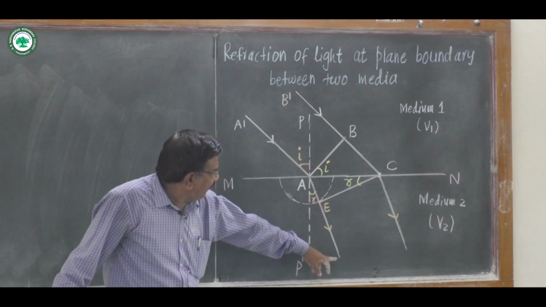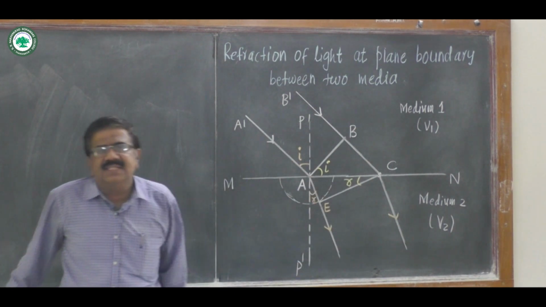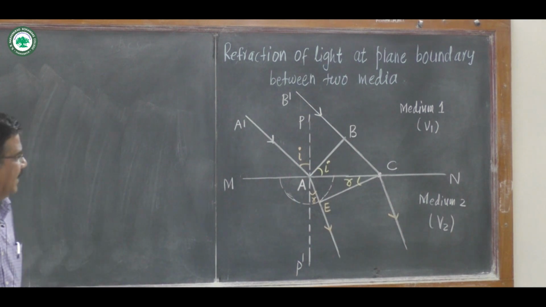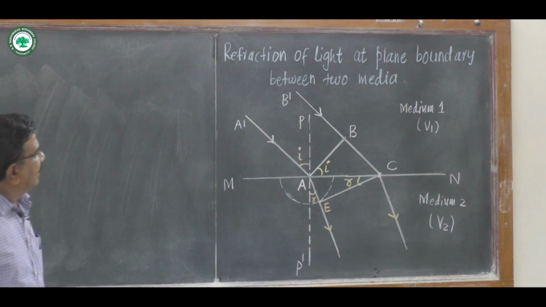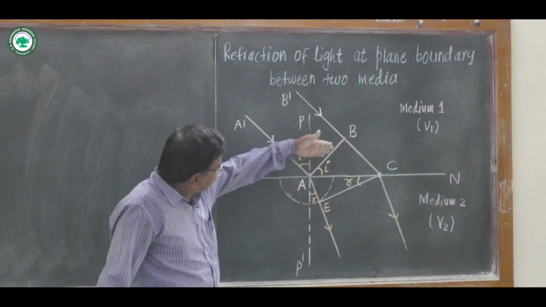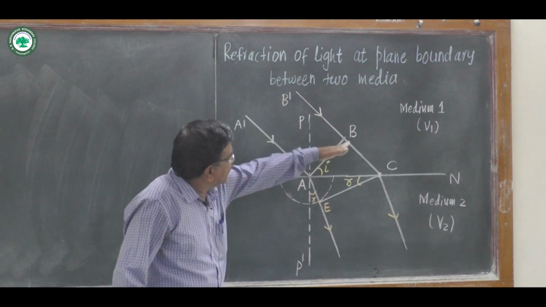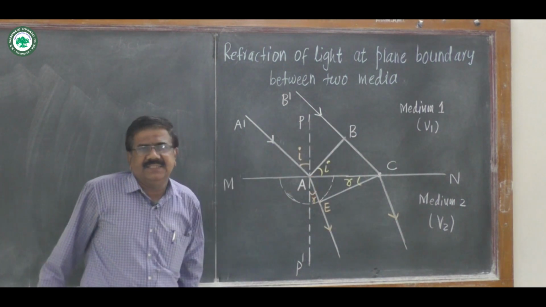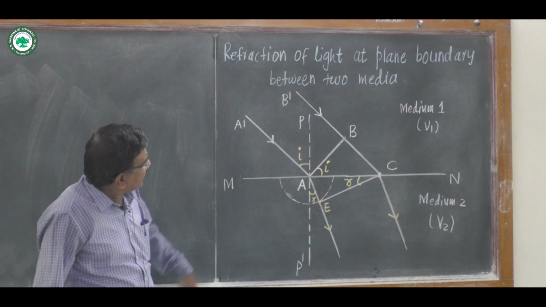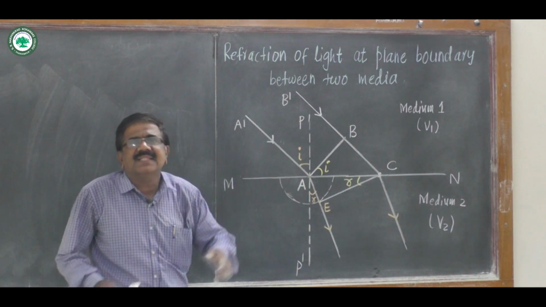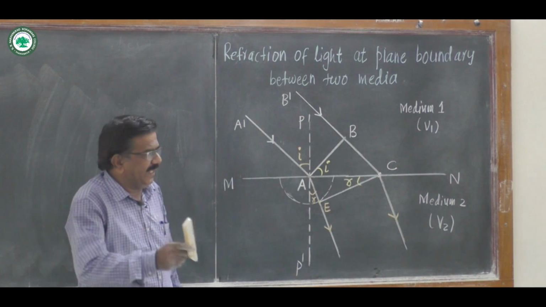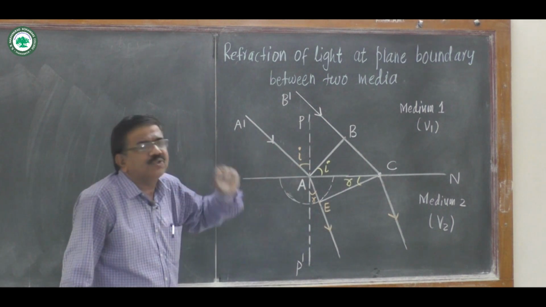The angle made by the refracted ray with the normal is the angle of refraction. This incident plane wavefront first reaches the refracting surface at point A at time, suppose, t equal to 0.